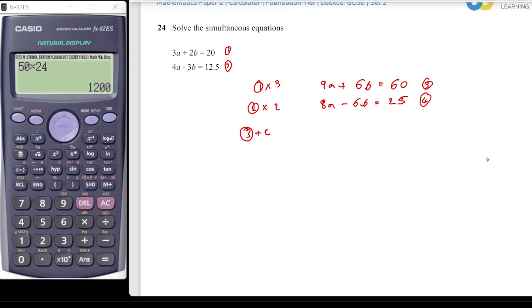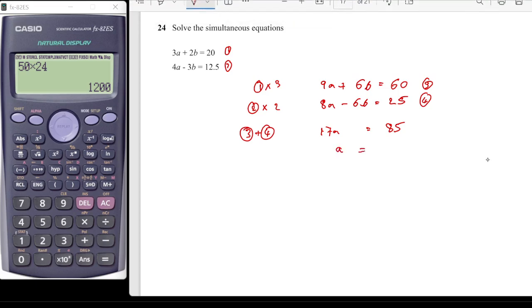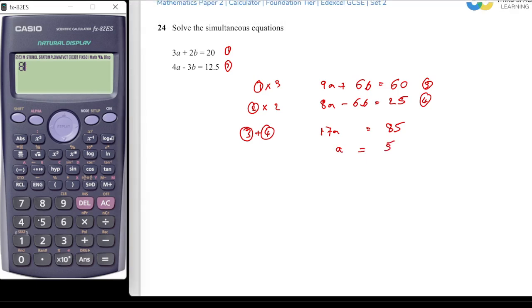So equation 3 plus equation 4 would give me 17a is equal to 85. I'm then going to divide both sides by 17 to get a is equal to 5. Let's just double check. 85 divided by 17 does give me 5.